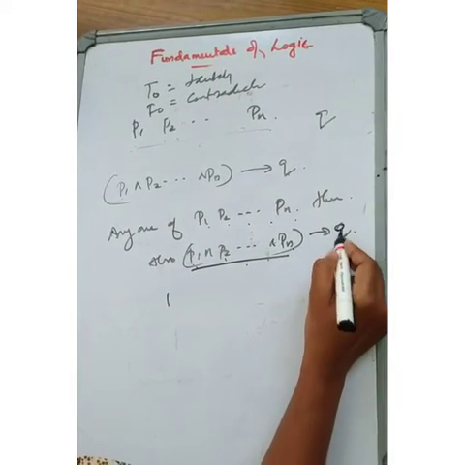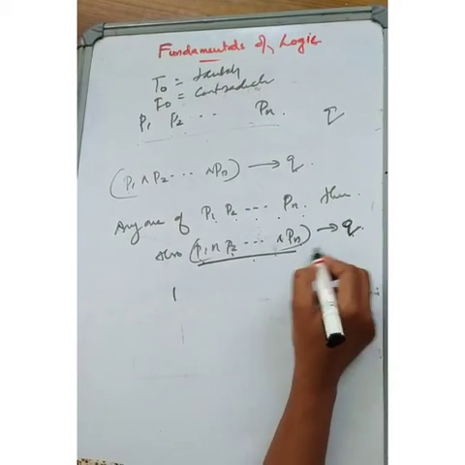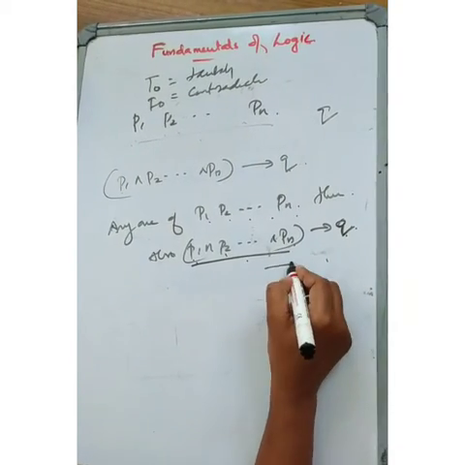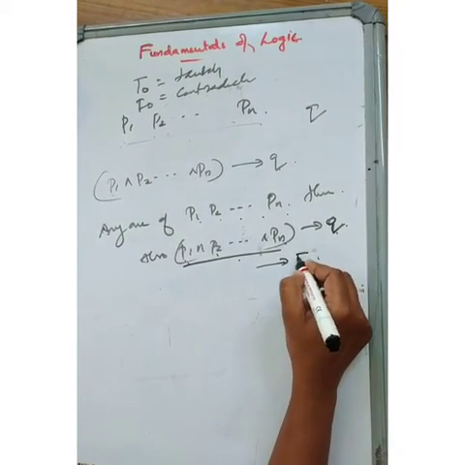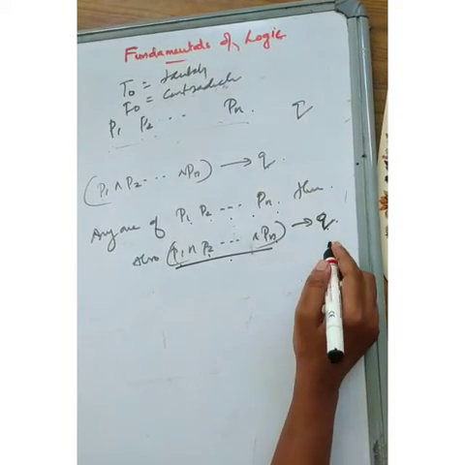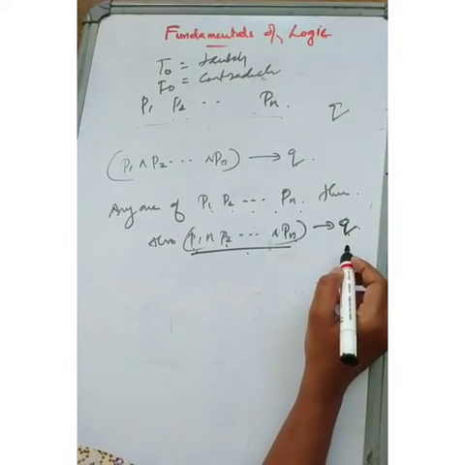True implies Q, so Q must be true. Then only do we get a valid argument, because in an implication, if the second part is false, it won't be true. So Q must be true. The hypothesis is a conjunction of n premises.